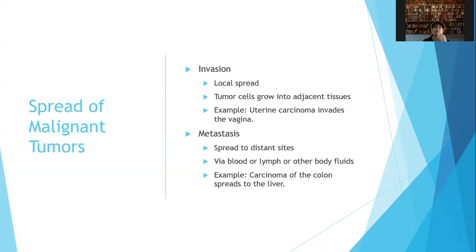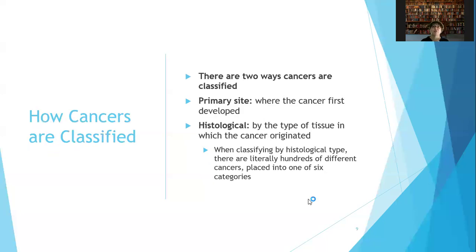Metastasis is where the tumor or the abnormal cells spread to distant sites, usually via the blood or lymph or other body fluids. So the example is carcinoma of the colon spreading to the liver via the bloodstream. So that's never good.